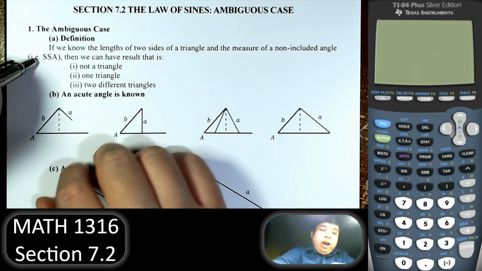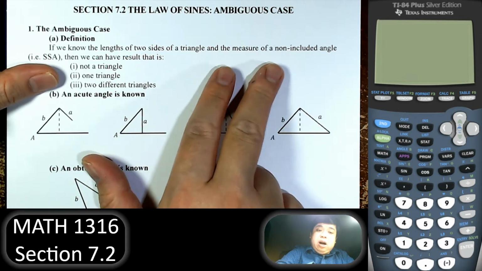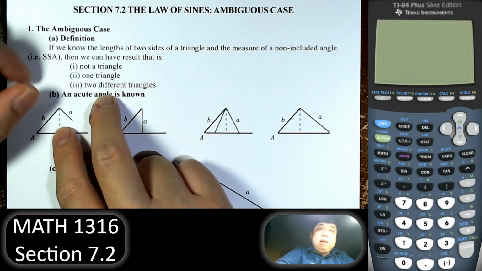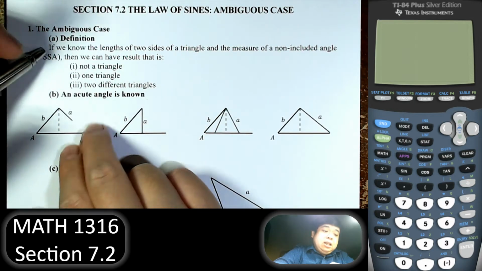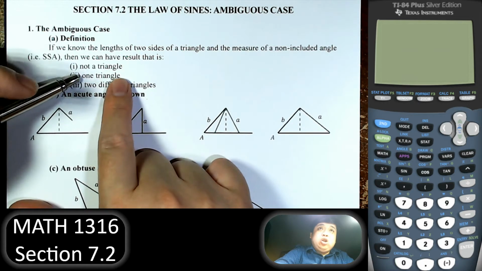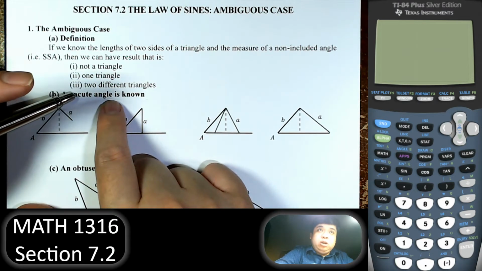If we know the length of two sides of a triangle and the measure of a non-included angle, that means two sides but the angle is not in between, in that case, we might have one solution, no solution, or two solutions.